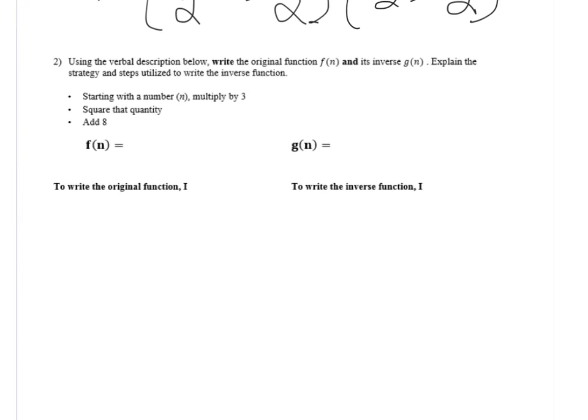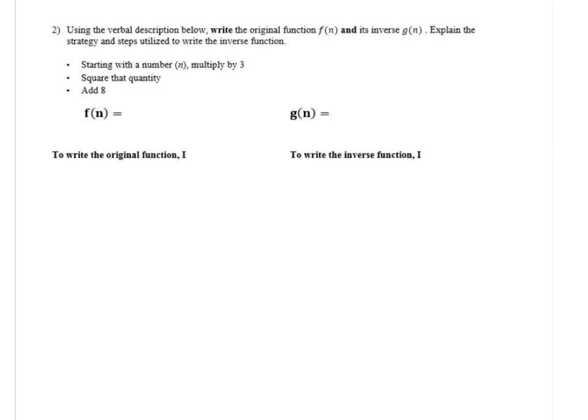So now for number 2, using the verbal description, write the function and then its inverse. Explain the strategy you used. Okay, so for f of n, I'm going to take n, multiply it by 3, square the quantity, and add 8. So to write the original function I followed the steps.